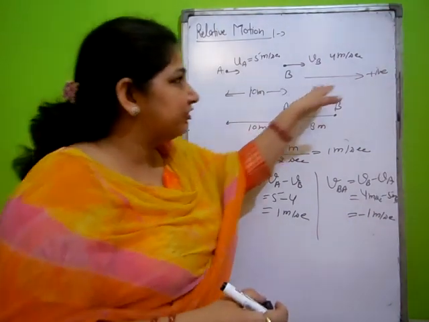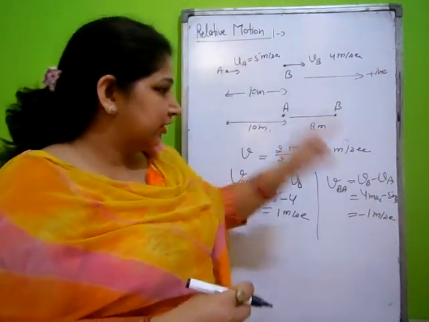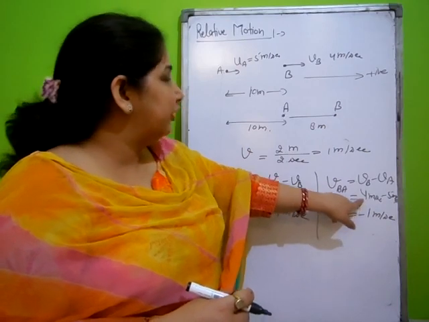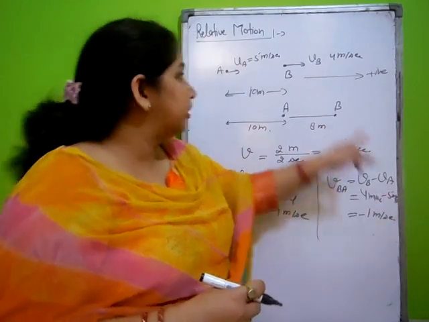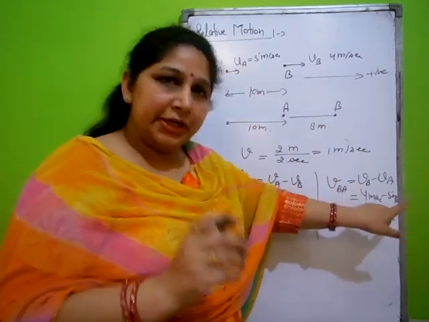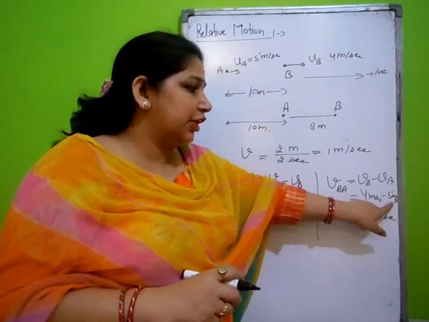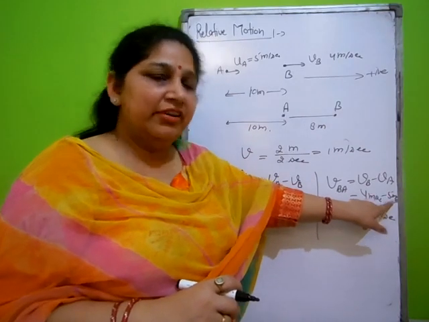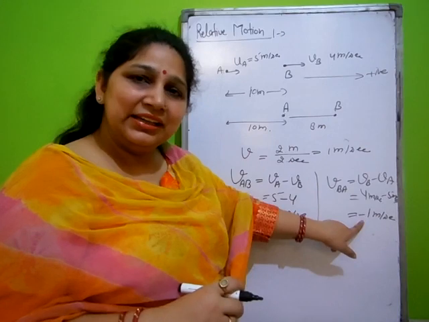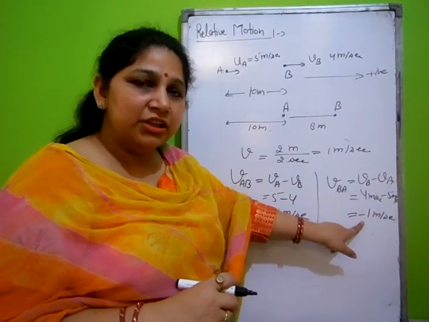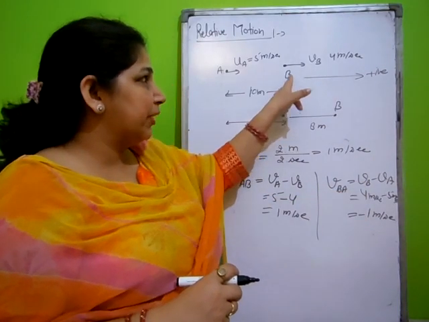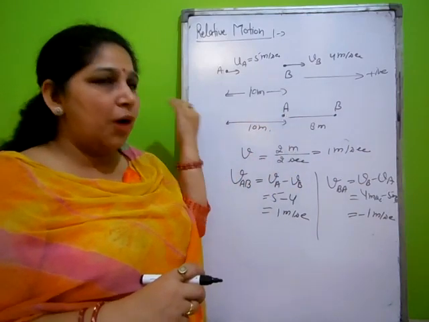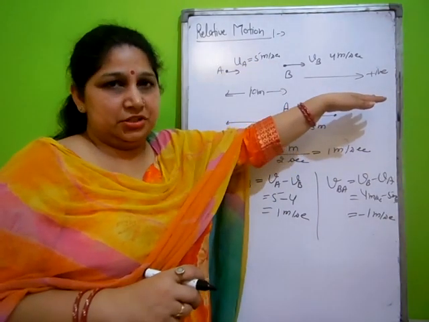Who will say that we have considered this direction as positive? This will say. Here I am writing 4 and 5 with plus sign. It means we have considered these two velocities as positive and the result is minus 1 meter per second relative velocity. Then the velocity of B with respect to A will be in the opposite direction of positive direction.